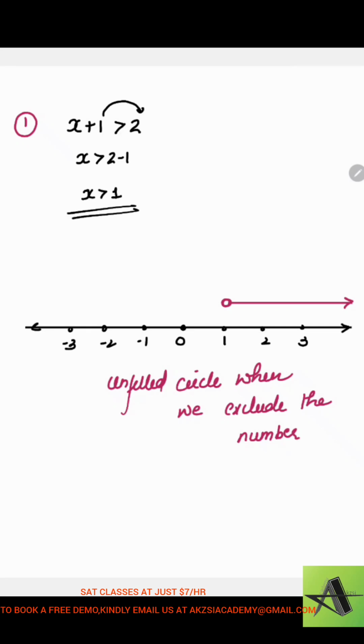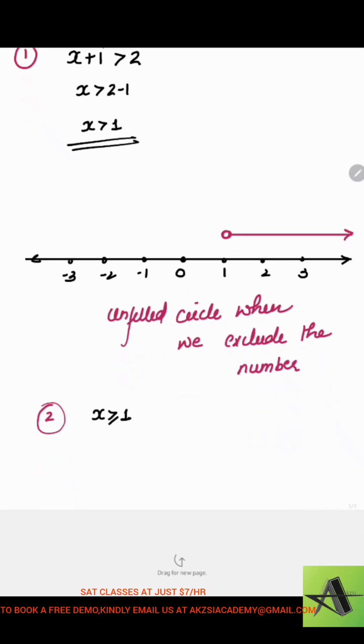Now, if instead of x greater than 1, it would be x greater than equals to 1, then in that case, we can show it like this. Same, it's 0, 1, 2, 3, 4, minus 1, minus 2, minus 3.